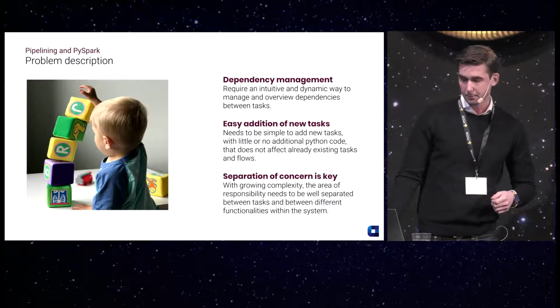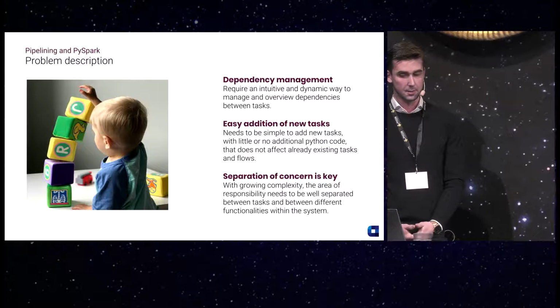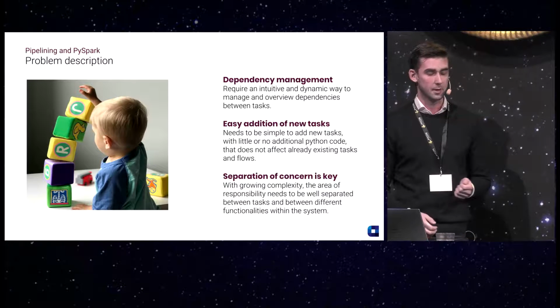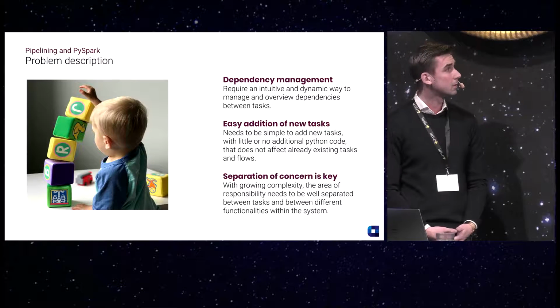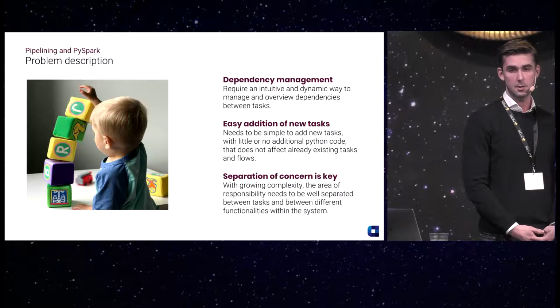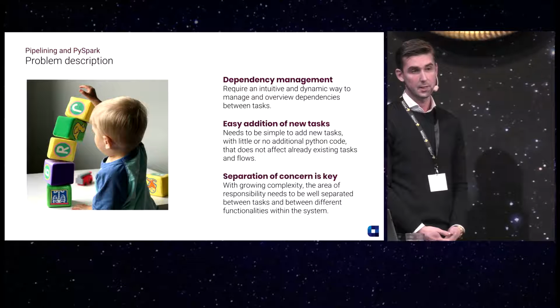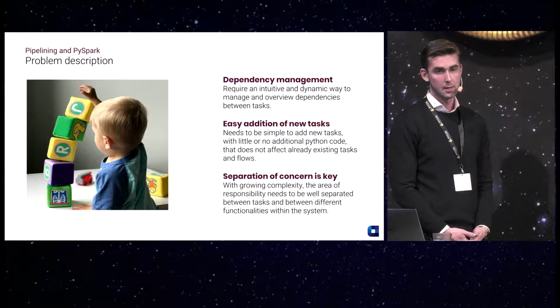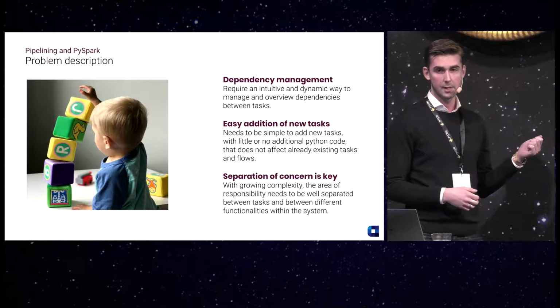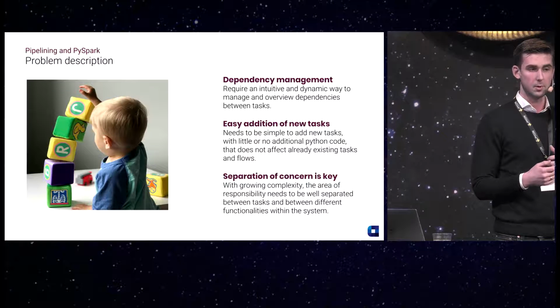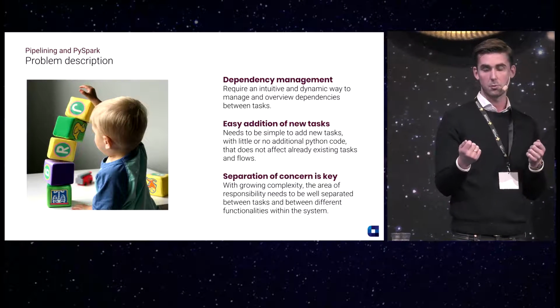So in order to manage this, I want to pose the problem here. What do you need to solve to be able to build these pipelines and to manage them and overview them? So first of all, there's the issue of dependency management, because you need to load the data before you can do aggregates on it. And you probably need to do aggregates before you do your predictions.